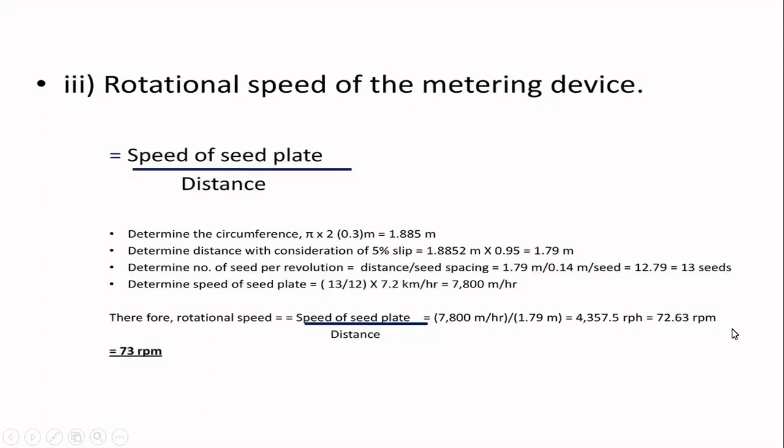The rotational speed of the seed metering seed plate should be 72.63 RPM. This is the answer to the question.